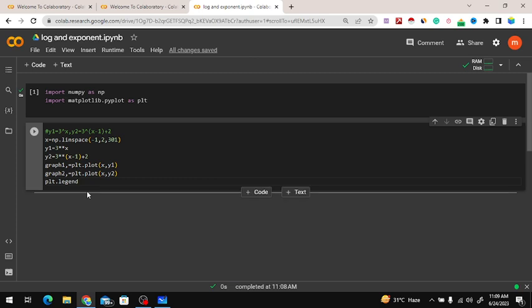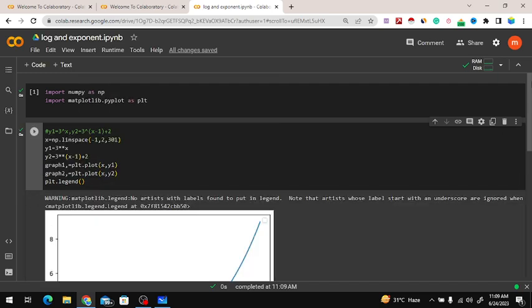It's a legend, and we want to show our graph like this.